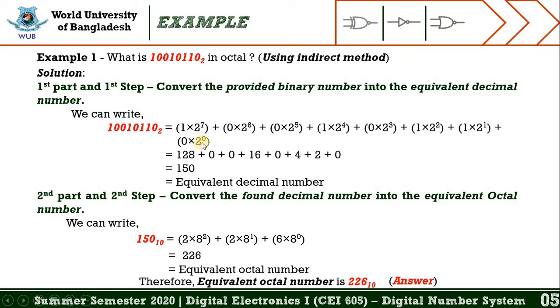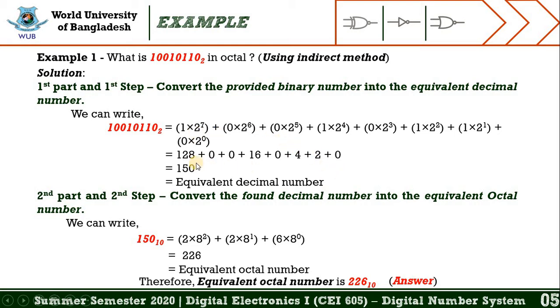So 2 to the power 0 into 0 plus 2 to the power 1 into 1 plus 2 to the power 2 into 1 plus 2 to the power 3 into 0 plus 2 to the power 4 into 1 plus 2 to the power 5 into 0 plus 2 to the power 6 into 0 plus 2 to the power 7 into 1.